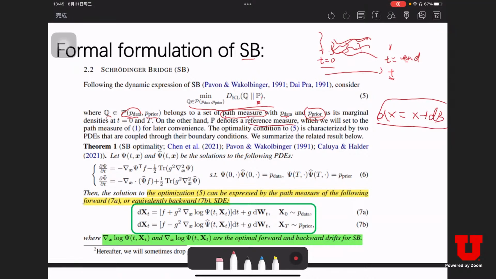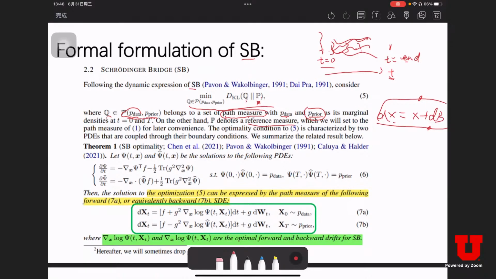So the definition of the Schrodinger bridge means: given two distributions, I mean p data and p prior, and given a simple path of transition, which could be a simple SDE or transition like this one, we want to find a good SDE from the family. So what's the family? The family has to ensure your start is data and your end is your prior, the target.